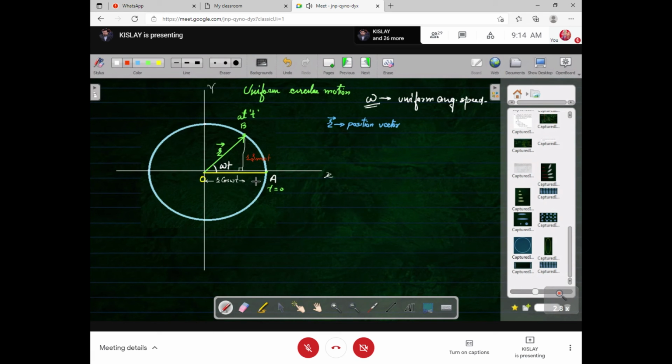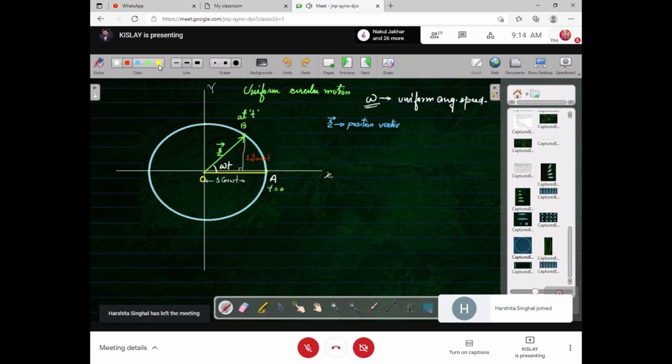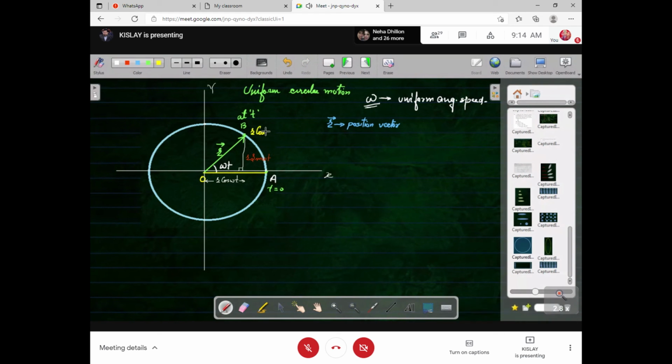Clear, sir. Good. Then this is the x coordinate and this is the y coordinate. Means the coordinate of this point can be written as, first the x coordinate, R cos omega t, and the y coordinate, R sin omega t. This is the coordinate of point P, the position where the object is at time t.